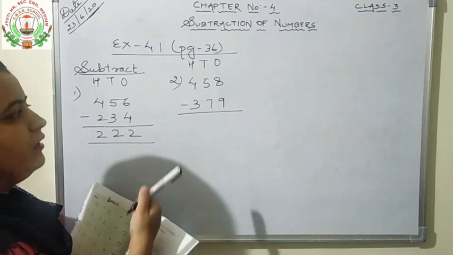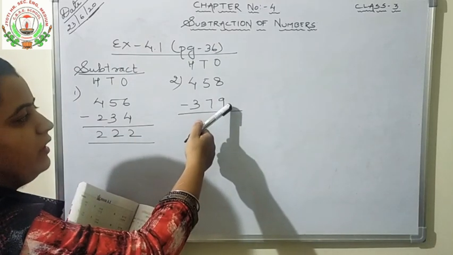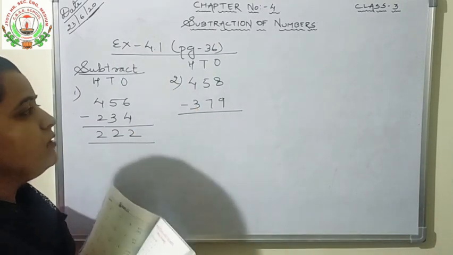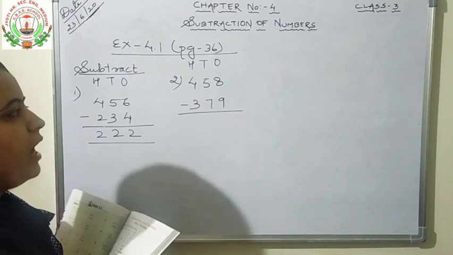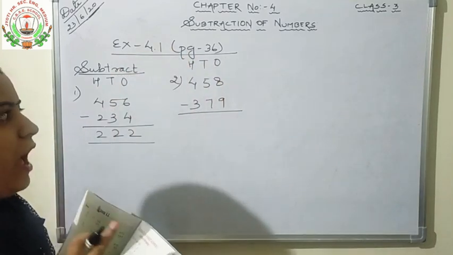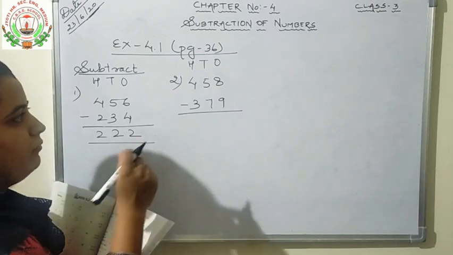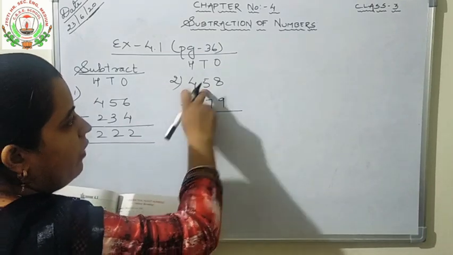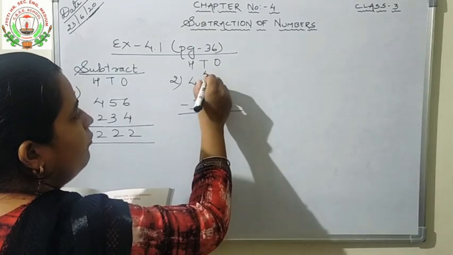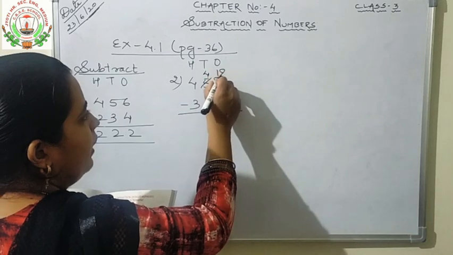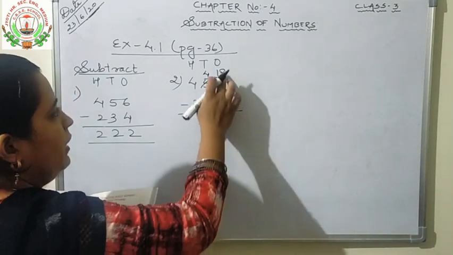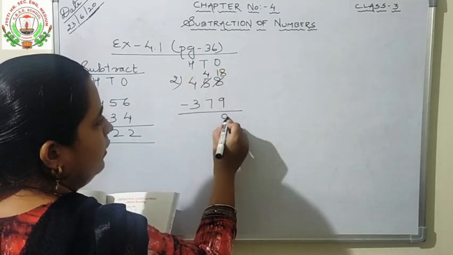As you can see here, 9 is the greater number and 8 is the smaller number. We can't subtract 9 from 8, so we have to take a carry from the next number. We will take a carry from 5. It will become 4 and the 8 will become 18. So 18 minus 9 is 9.